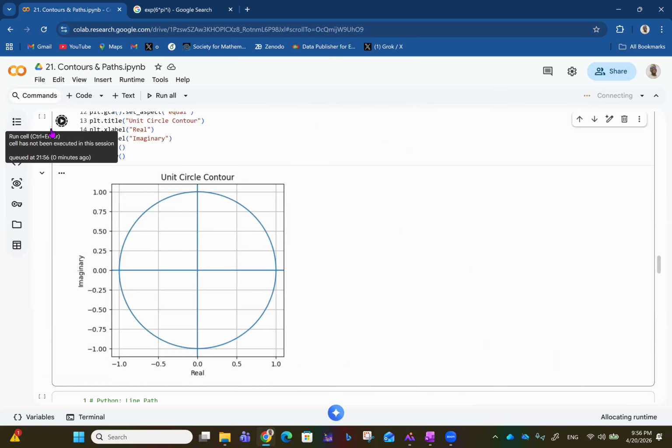So x plus iy squared is equal to (t plus i t squared) all squared.